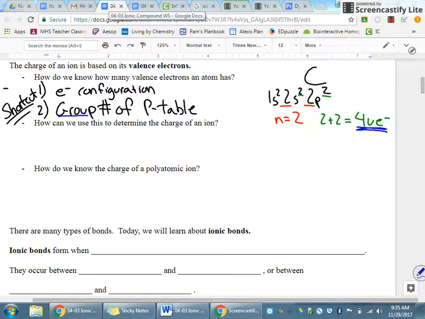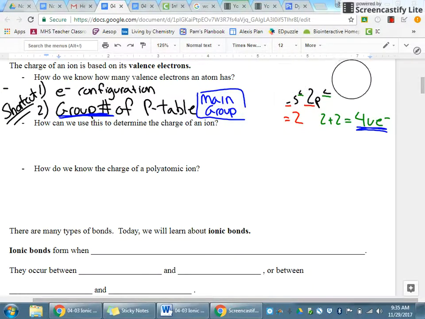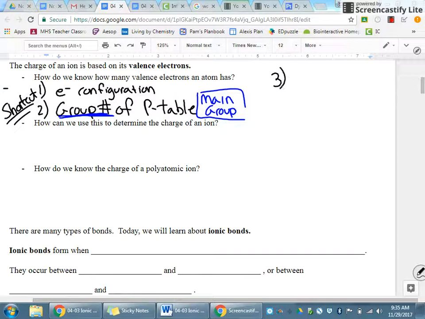So this group number only works for your main group elements. The transition metals are a different story. You'll find that transition metals have varying numbers of valence electrons, so they don't have a set pattern of valence electrons.